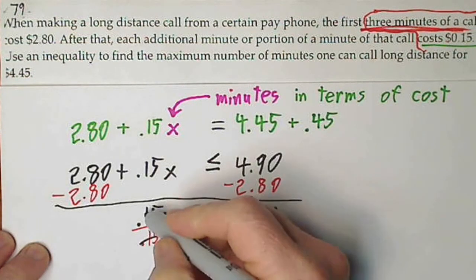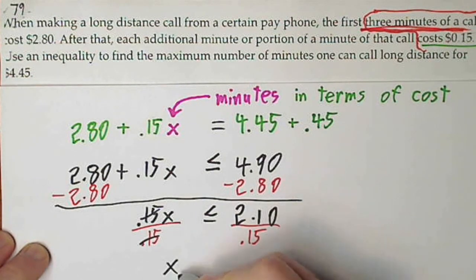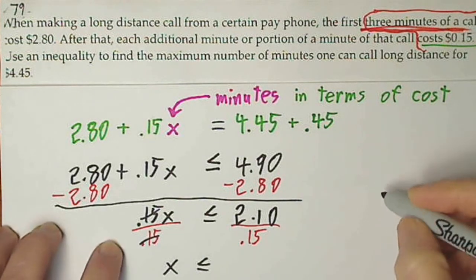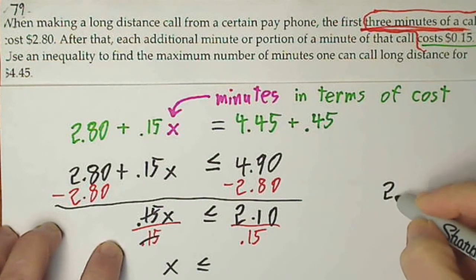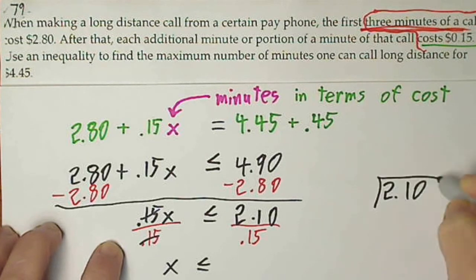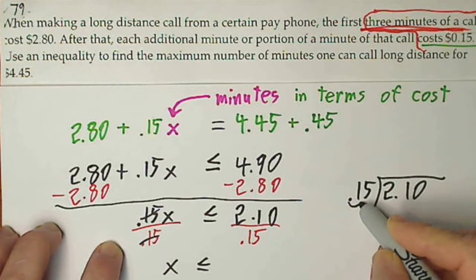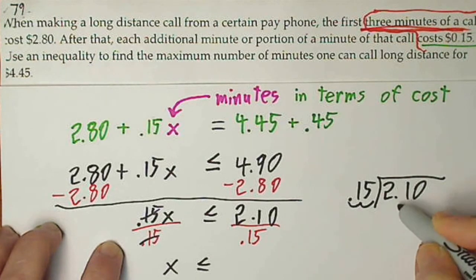This side always cleans up nice and fast. And x less than or equal to, you're going to have to do a little bit of crunching of the numbers. So of course you can't have your decimal in front. You move that 2 places to keep it balanced. You move this 2 places.